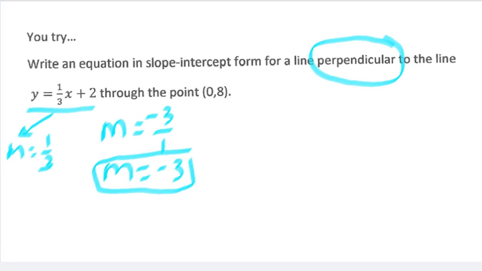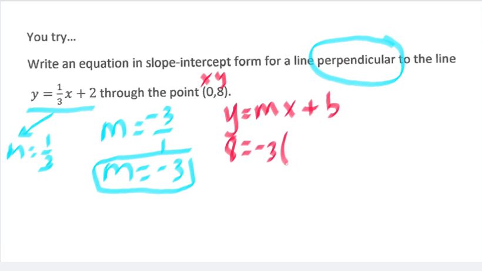Okay, now we need to figure out what our b is. We're going to use this point right here as the x and the y, and we're just going to plug in all those values. So we have 8 equals m, which is -3, times x, which is 0, plus b.